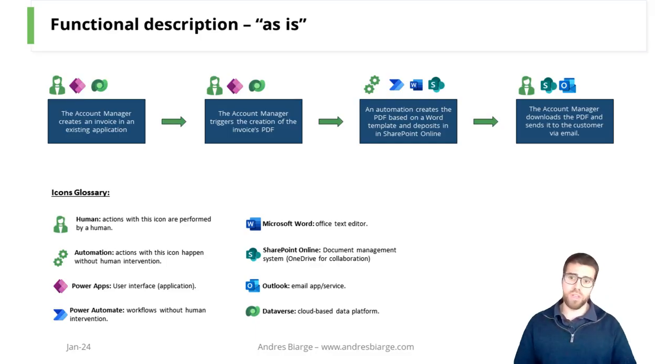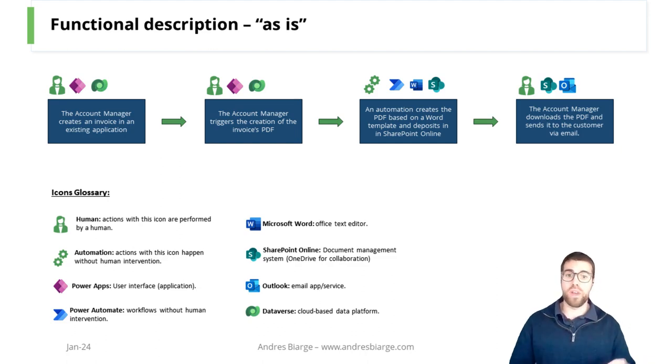At the bottom, you can see the icons glossary where I explain all the moving pieces that have a part in this process. First, we have to identify which parts of the process are actioned by a human or are completely automated.